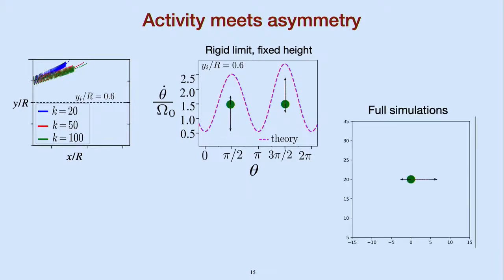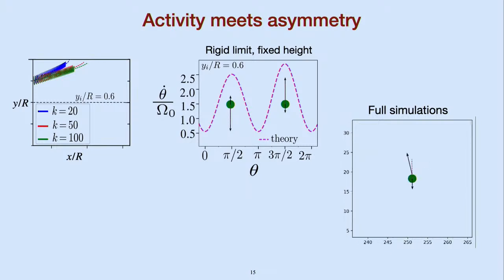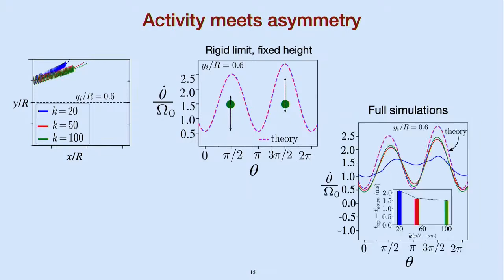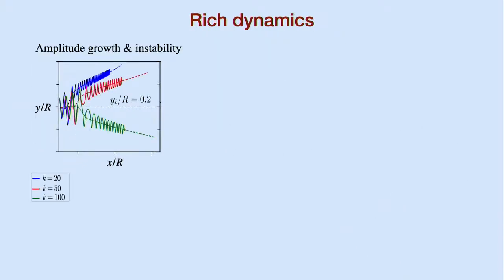This is from a particular asymptotic limit of the theoretical equations. This is from the full simulations, and from the full simulations we can find the same curve, and they match that explanation, meaning that again you need to go beyond just this stresslet model. Not only that, if you dig more into it, you will see that rich dynamics is there.